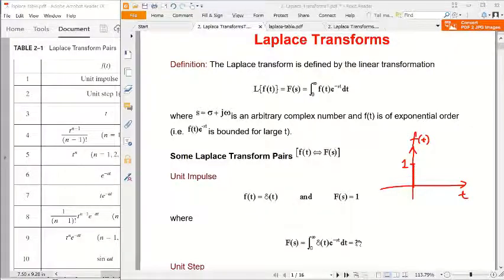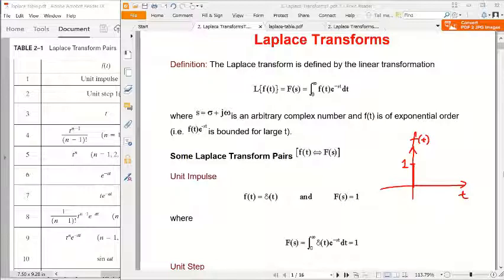So after you integrate the delta function, you get 1. So this is the equivalent function for delta. In time domain, the symbol is delta, and you know the graph looks like that. And in S domain, the equivalent for delta(t) is equal to 1.